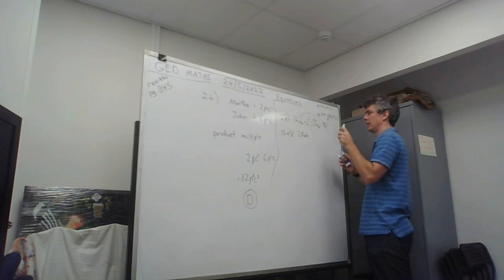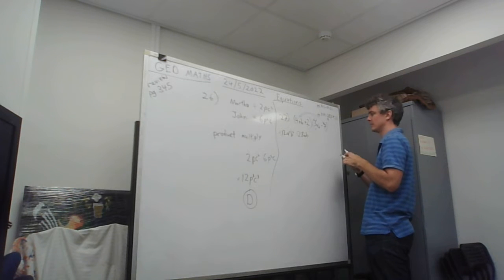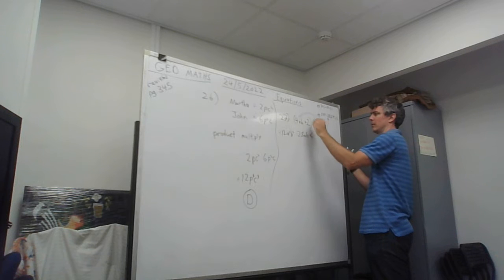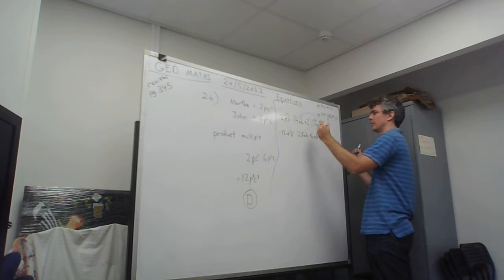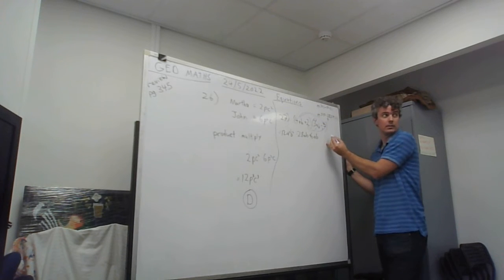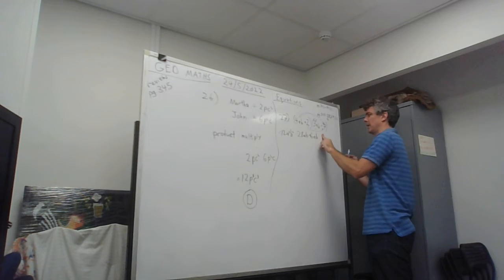Now this one. Plus 6ab. 2 times 3 is 6, and we just keep the a and the b. And finally, it's 2 constants multiplying each other. 2 times minus 7 is minus 14.